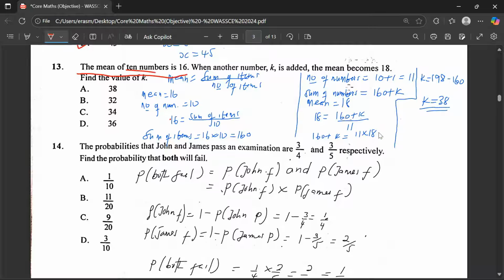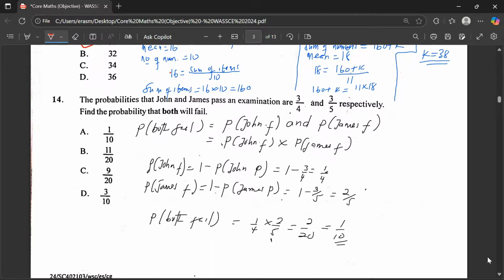That is what is here. Now, k is going to be what? 198. That is when you multiply 11 times 18 minus this 160, and k equals 38. Remember, we are asked to find the value of k, and so option A is the right answer.